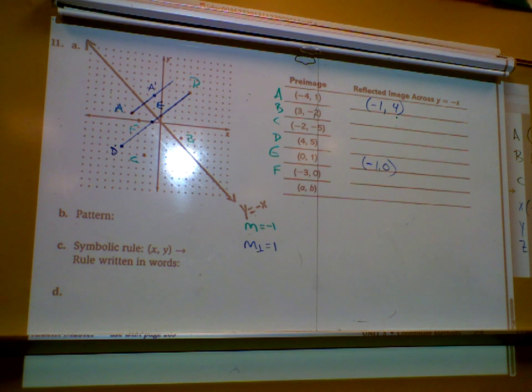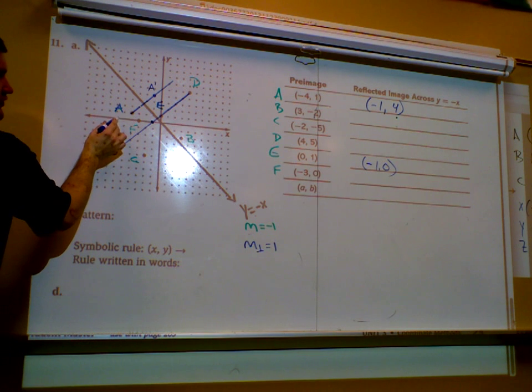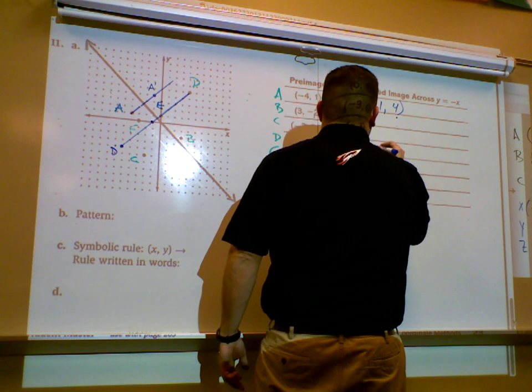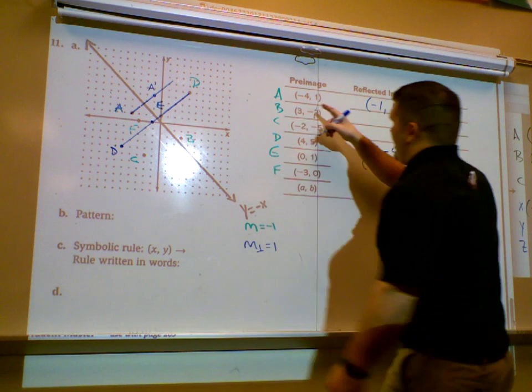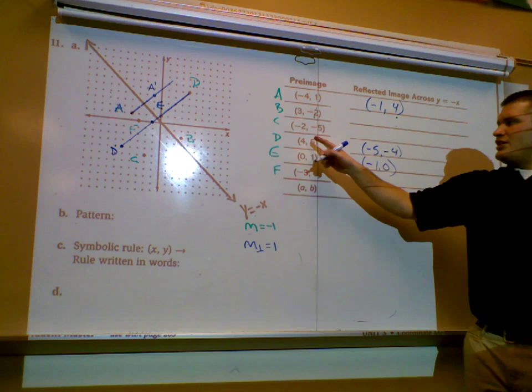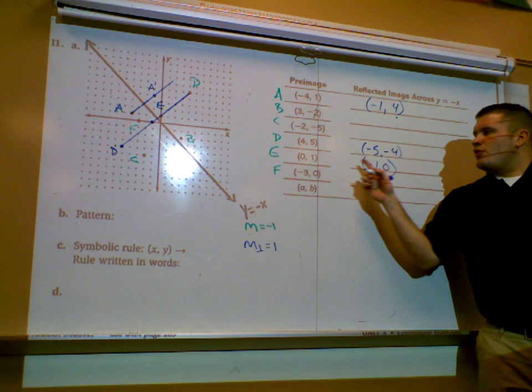So that's D prime, right? Where's D prime at? -5. Not just 4. -4. So A was -4, 1. Now it's -1, 4. D was 4, 5. Now it's -5, -4. And E was 0, 1. Now it's -1, 0.